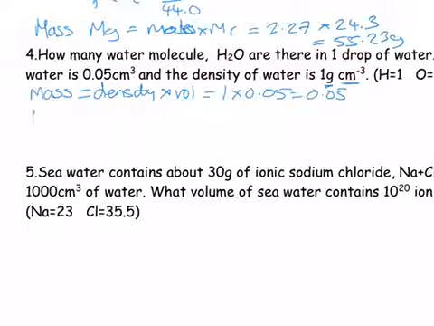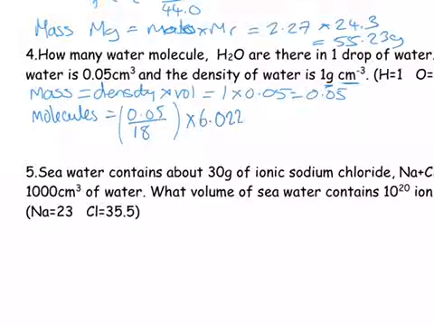To work out the molecules, it's going to be the mass divided by the MR, which is going to be 18 for this, times Avogadro's number, which gives us an answer of 1.67 times 10 to the 21.